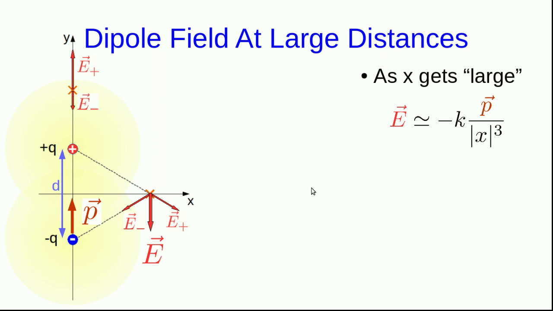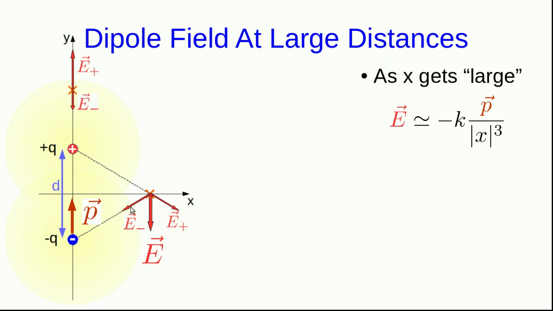In particular, it's useful to think about why this field falls off as 1 over distance cubed. We know that the E-field due to an individual charged particle falls off as 1 over distance squared. So why does this one go as 1 over distance cubed? Well, each of the contributions, E plus and E minus, are falling off as 1 over distance squared.